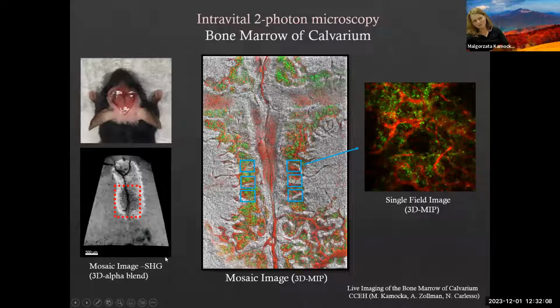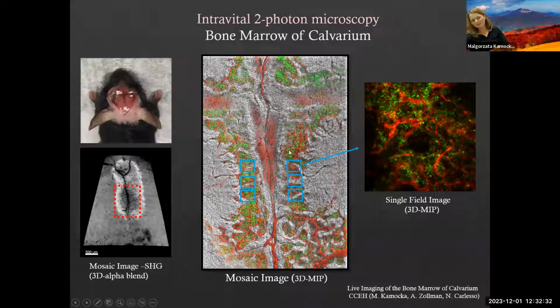This image is a mosaic collected from a live animal, done by second harmonic generation of collagen. So it shows us a nice outline of the bone. Then a big mosaic in the middle shows fluorescence for the flowing blood, where the plasma was labeled in red.